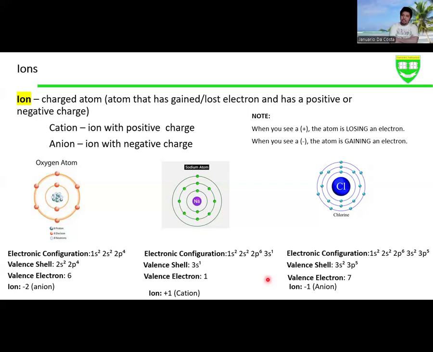Paulo, is it easier for the chlorine atom to receive 1 electron to balance or to give out 7 electrons? Which one is easier for chlorine? To receive 1 or to give out 7? Receive. It is easier to receive 1 electron.